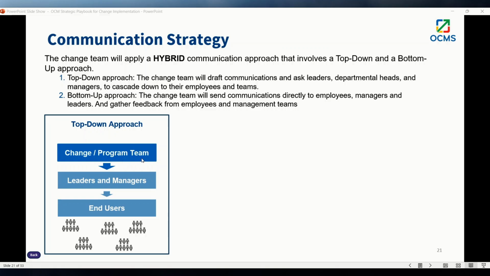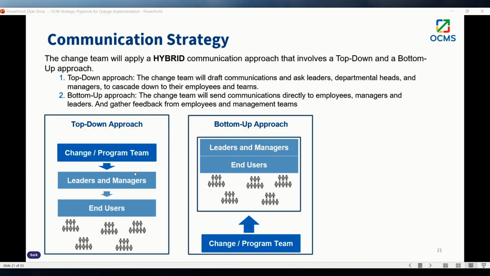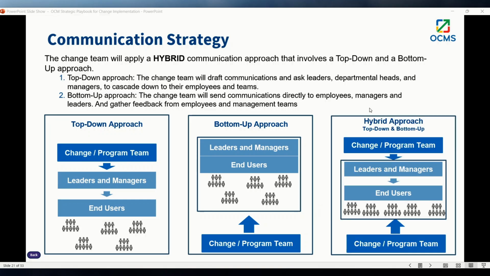So the change and the project program team pass communication to leaders and say, please cascade this to your departments. Bottom up is where you have the change and the program team, as well as the champions, sending communication up to pretty much all impacted users. The hybrid approach is what I normally recommend when delivering change management for large organizations.